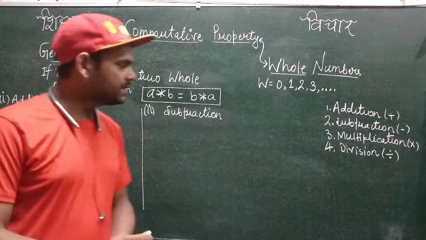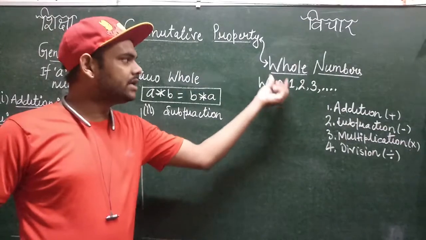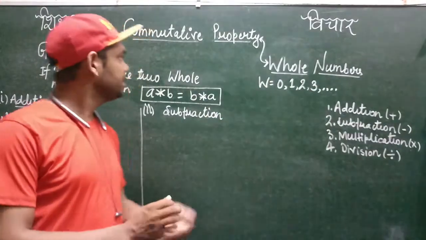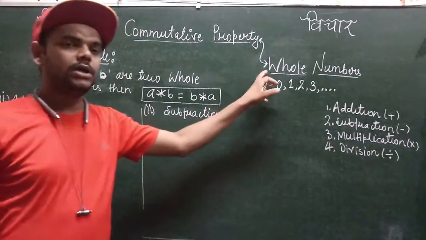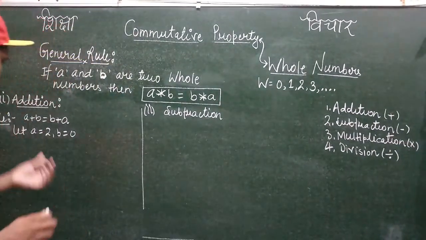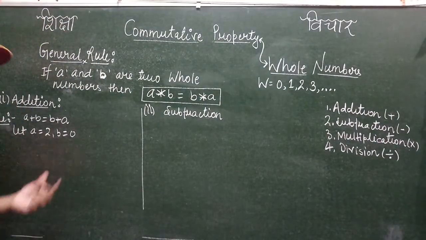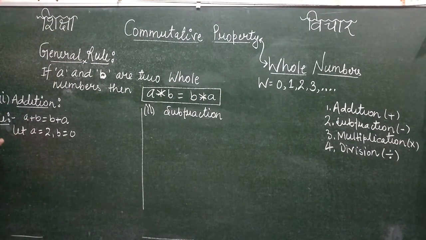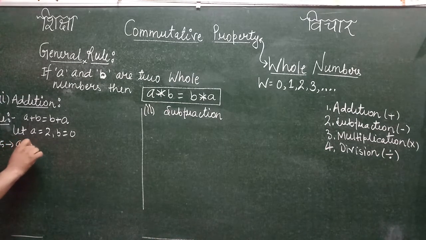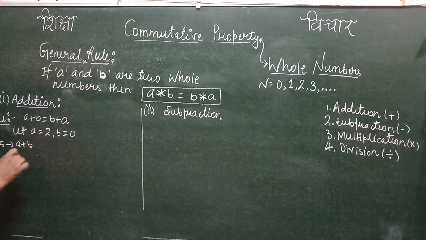We can take 0 because 0 is part of the whole numbers, and we are discussing the commutative property for whole numbers. Now, A equals 2, B equals 0. Left hand side is A plus B, which implies 2 plus 0, and this implies 2.